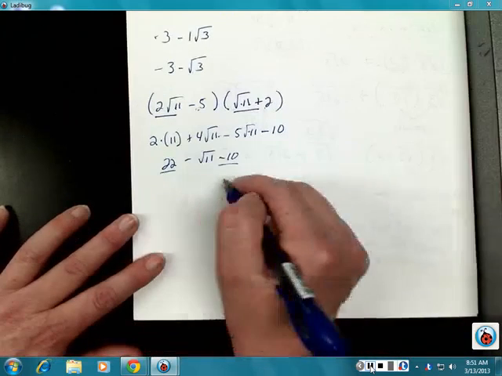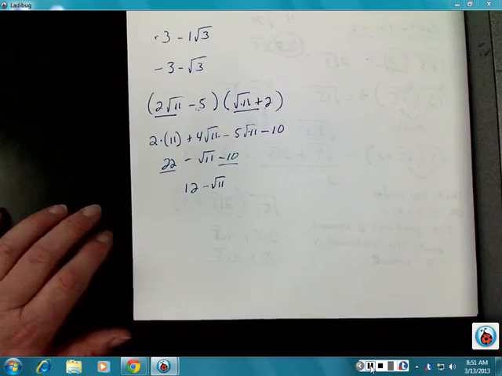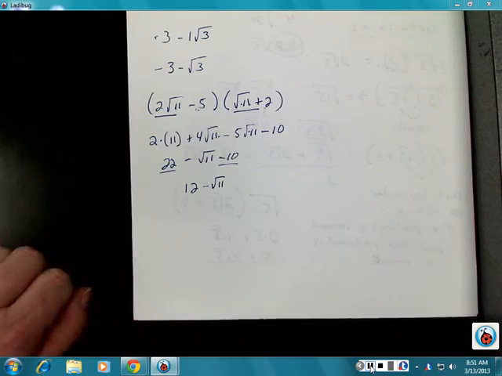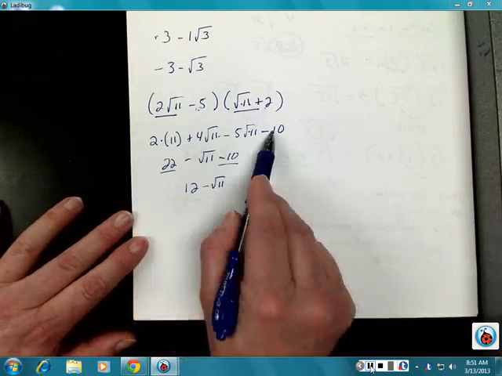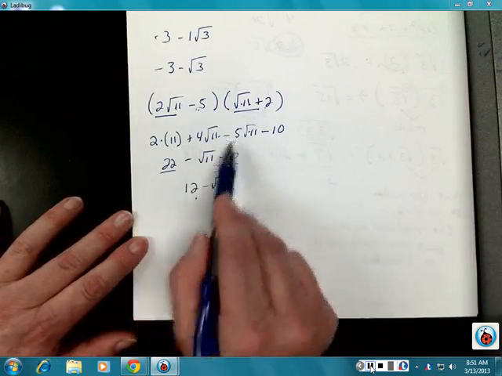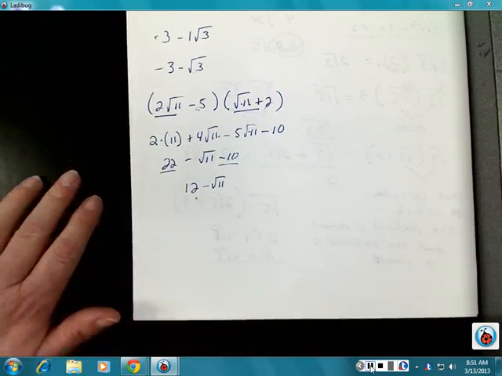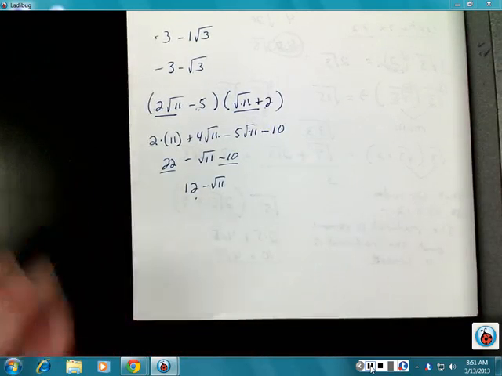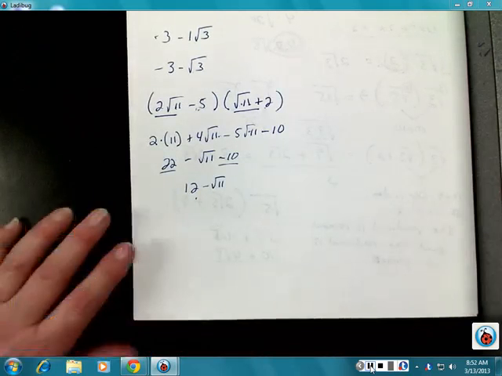So my answer is really 12 minus the square root of 11. All right. Now you might be able to get done with this a little bit faster than what I'm doing, because you might take this in your head, get 22, take 10 away from it, get 12, and then combine those two together. So there's some combining of stuff that you can do to make them a little shorter when you start writing them on your paper.